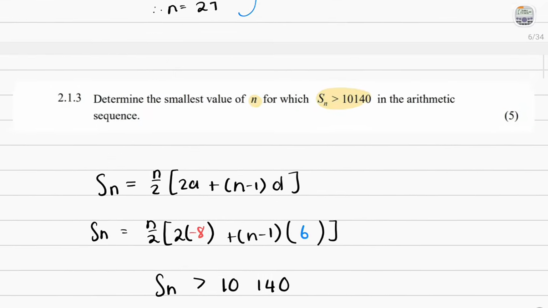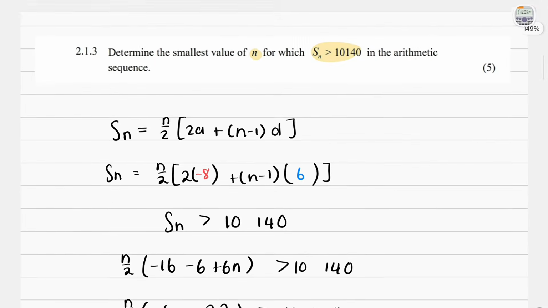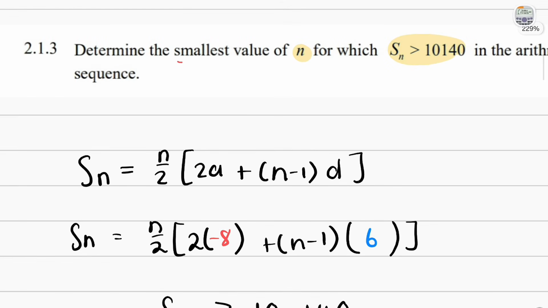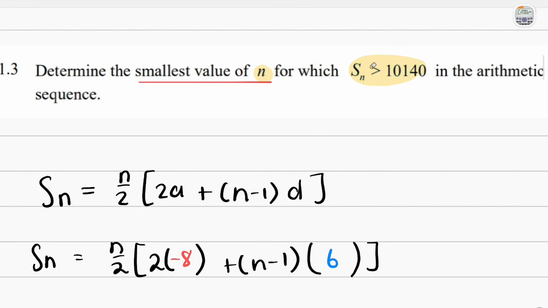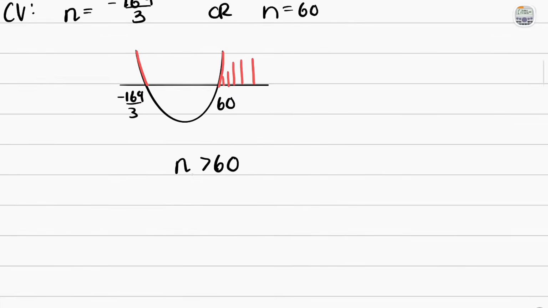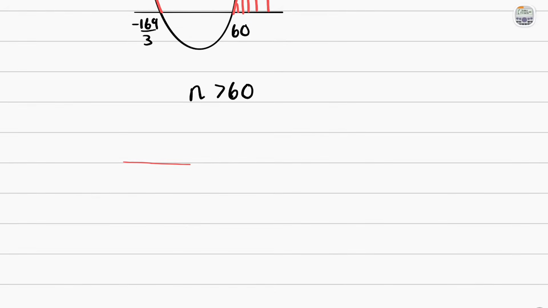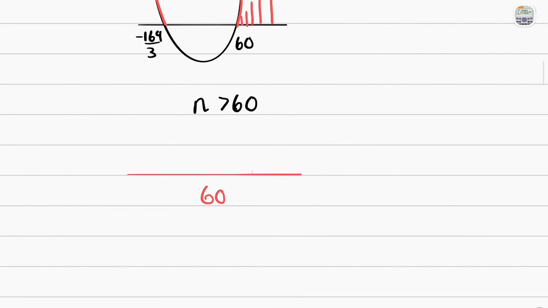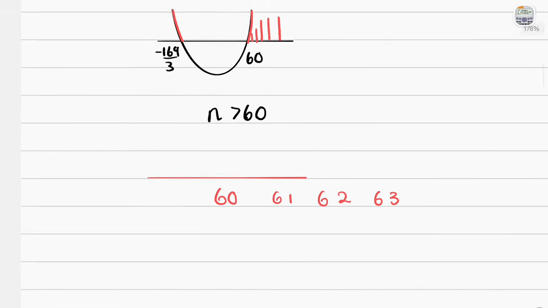Now let's go back to what the question is specifically asking for. They said determine the smallest value of n for which Sn is greater than 10,140. We found that the values of n for which this works are where n is greater than 60. Think about the numbers that this refers to: values greater than 60 are numbers like 61, 62, 63, and all values greater than 60.